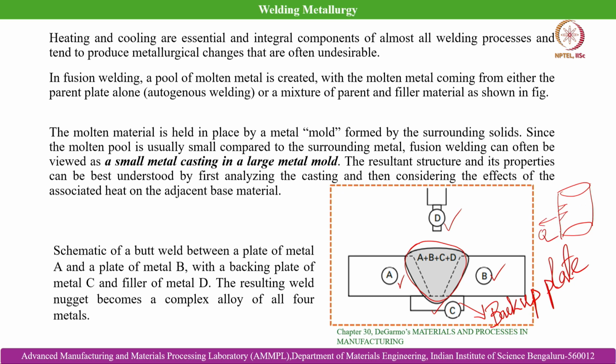But in this case, because there is a plate placed at the bottom, the structure formation, even if it is a cellular structure I am drawing here, but it can be dendritic also based on the cooling rate involved, will start from both the walls and also from the base. That is different. Then the shrinkage pipe forms towards the end at the central location if the joint is not designed properly and if the filler material is not adequate. This is a slight difference with casting, but otherwise the procedure is quite the same as casting.